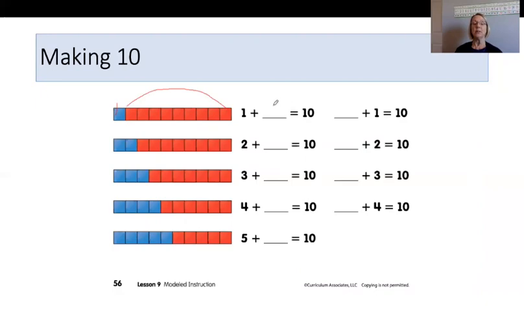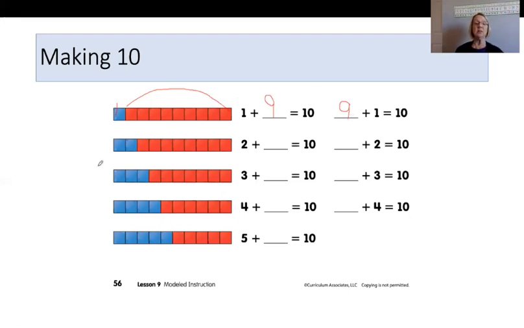So 1 plus 9 is 10. And then we can do what you guys call flip-flop and say 9 plus 1 is 10, which is really called the commutative property. And we can use the commutative property and get the same sum. We can switch the addends around and get the same sum.